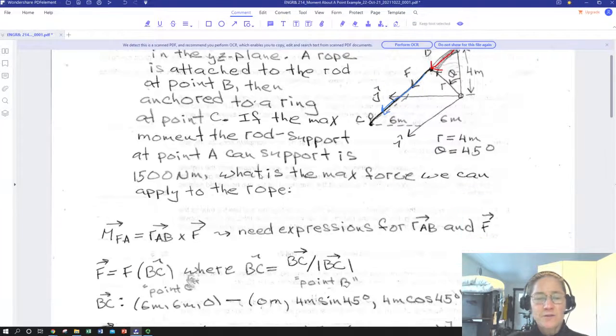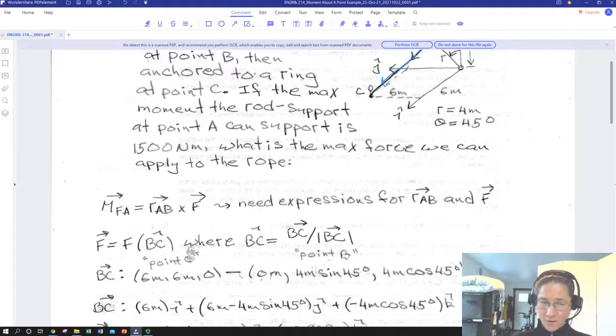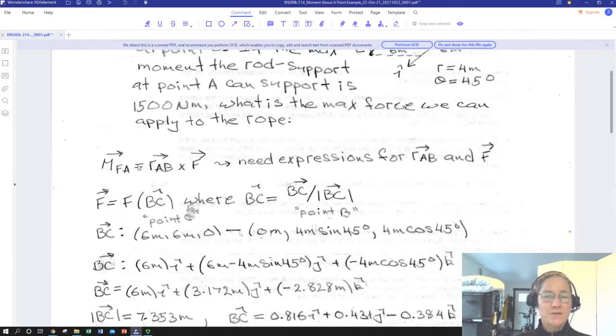So we have two vectors. If we take the cross product of those two vectors, then we'll get the full vector expression for the moment. From that, we can take the magnitude of that vector and set it equal to what we were given, and then back out the actual magnitude of F.